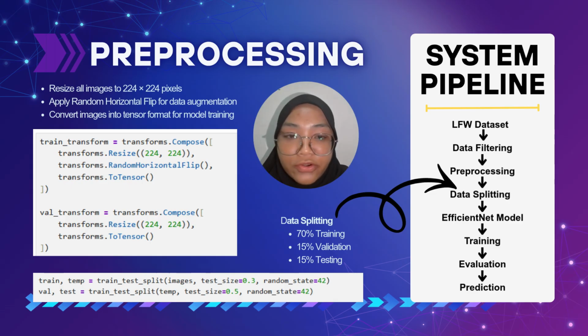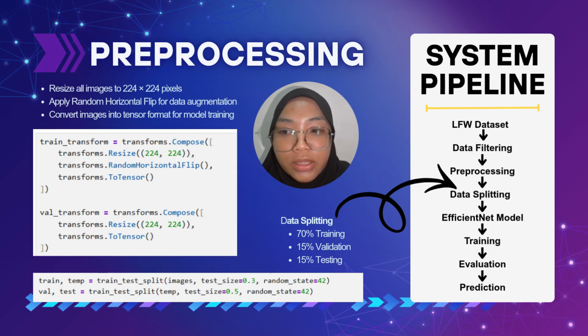This represents the overall system pipeline and pre-processing steps of the proposed face recognition system. The system starts with the LFW dataset, which contains facial images of multiple individuals captured under different real-world conditions. This dataset is used as the input for the model development.